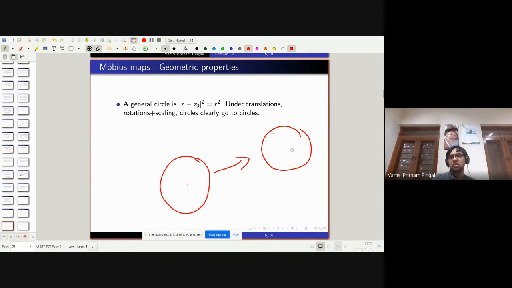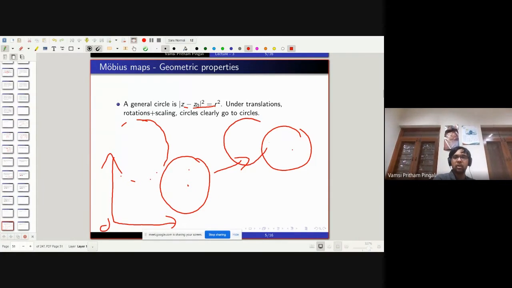Only its center changes, this equation and this equation. If you rotate a circle, what does that mean? If I take this circle and rotate it, it will just become a circle somewhere else. If I scale it and rotate it, it will probably go further and get rotated, right? Nonetheless, it will still remain a circle.